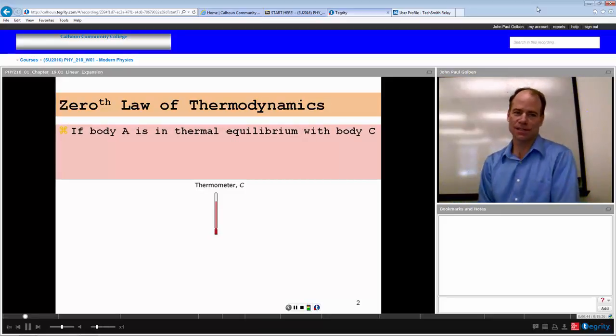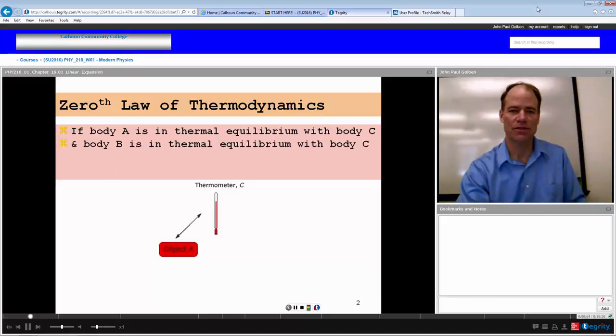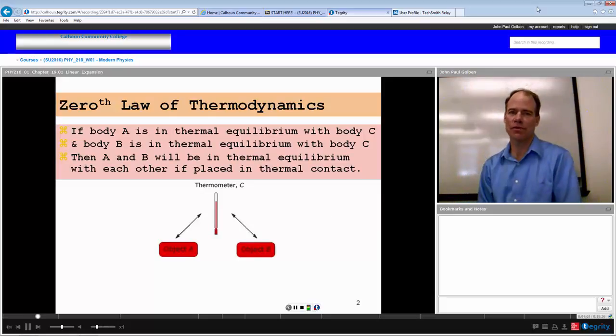It goes like this. If body A is in thermal equilibrium with body C, and if body B is in thermal equilibrium with body C, so in this case A and B are themselves in thermal equilibrium with body C, which is our thermometer, then it's true that A and B will be in thermal equilibrium with each other if they happen to be placed in thermal contact, which means that if they were placed in thermal contact, there would be no heat exchange from one to the other.